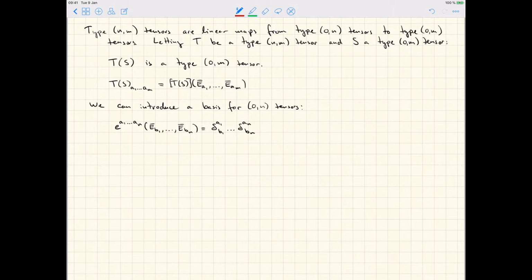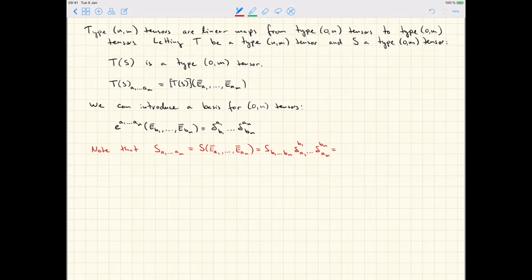In particular, for the tensor S, we can write its component S_a1 through a_n, which we defined as S acting on the set of basis vectors, as S_b1 through bn multiplied by these delta functions, delta^b1_a1 through delta^bn_an.